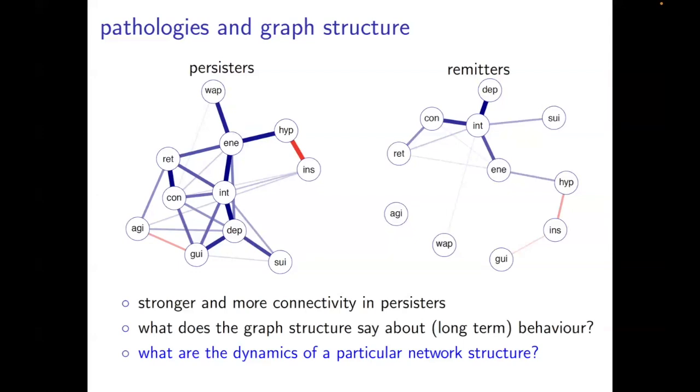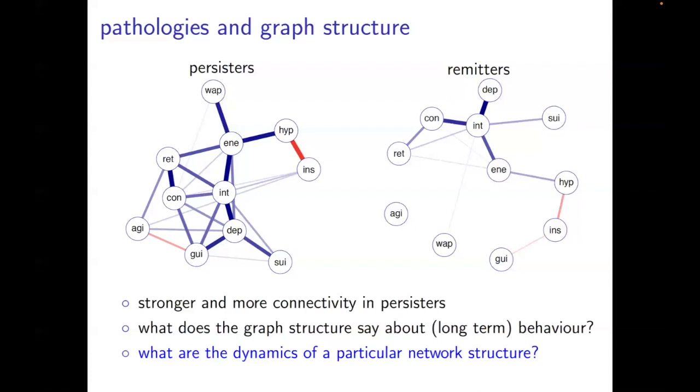But what we see from these types of graphs is that there are many more connections, but also the coefficients between these, the associations, are stronger. And that leads us to believe that maybe persisters have these stronger relations that maintain the particular state that they're in.